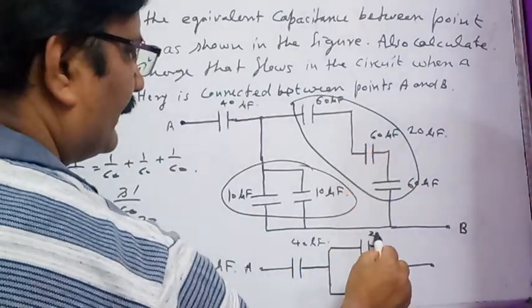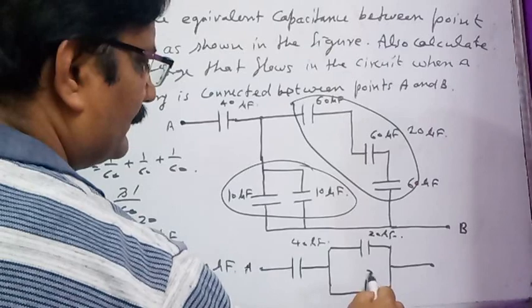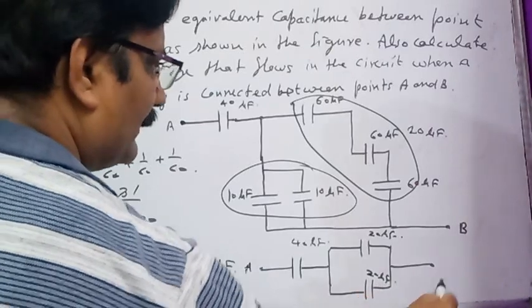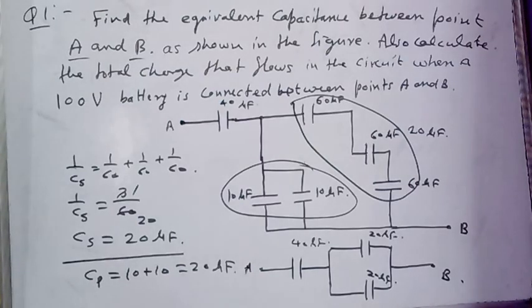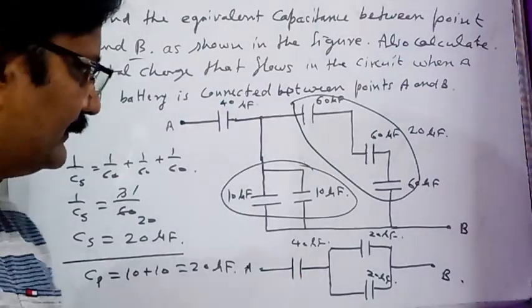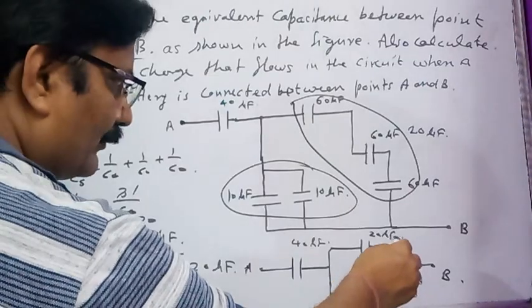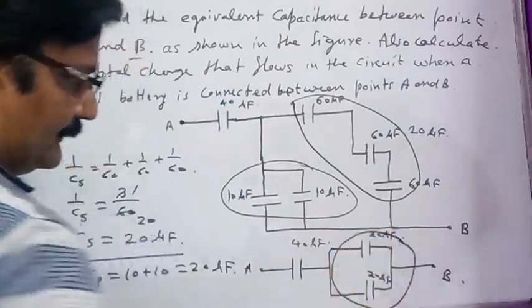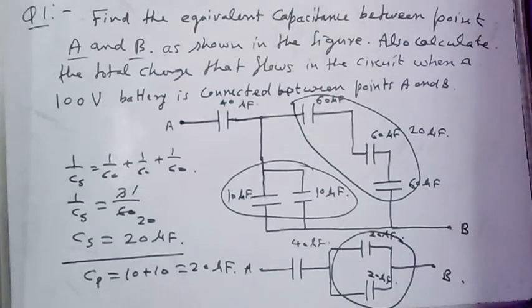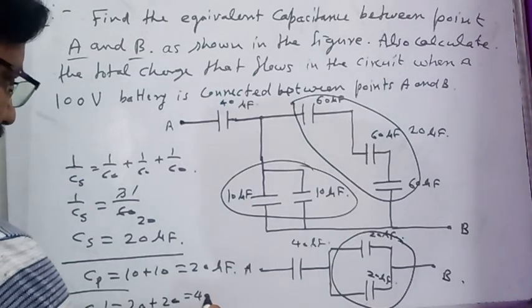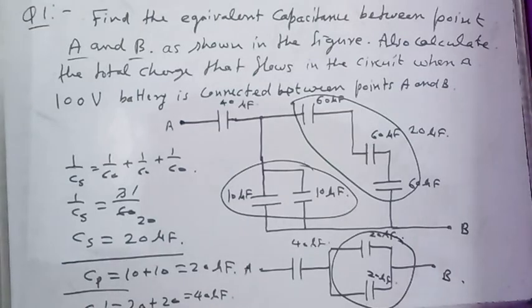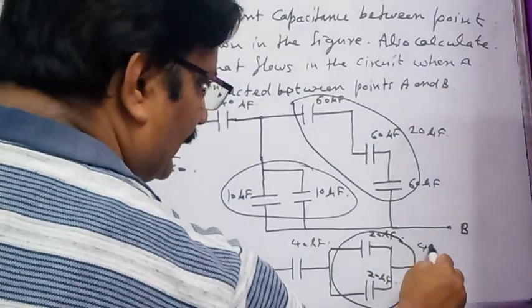This is 20 microfarad, this is 20 microfarad, and this is point B. Now, before we proceed, we have to solve this parallel combination of these two capacitors. So what is their value? You can write Cp dash is equal to 20 plus 20, that is 40 microfarad. Means this capacitance is 40 microfarad.